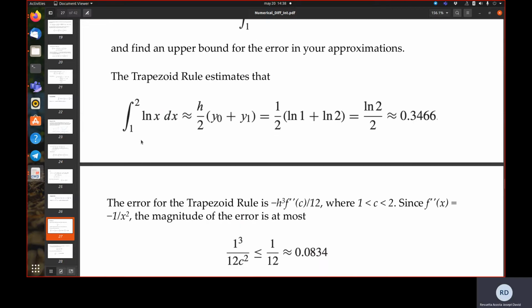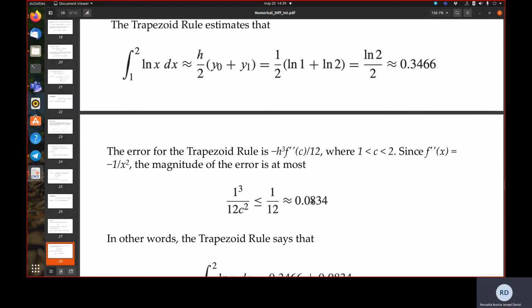Okay, if we want to simplify this one, h cubed is equal to 1, because h is equal to 1 for this case specifically. h to the power 3 is going to be equal to how much? 2 minus 1. And then the second derivative is going to be 1 over x squared, right?